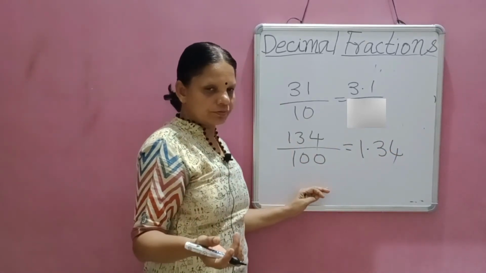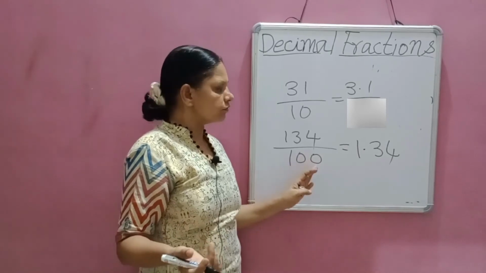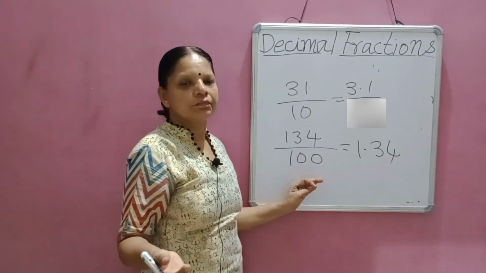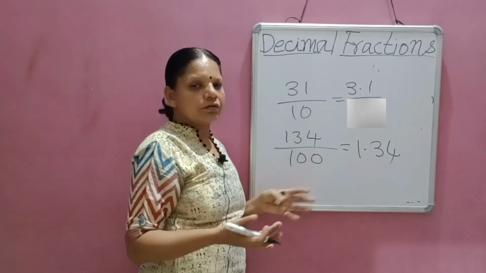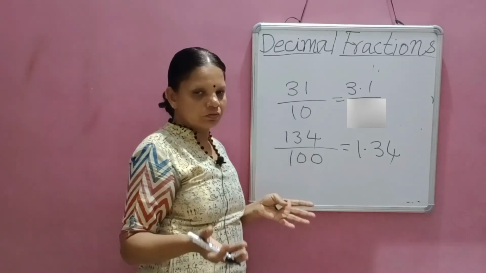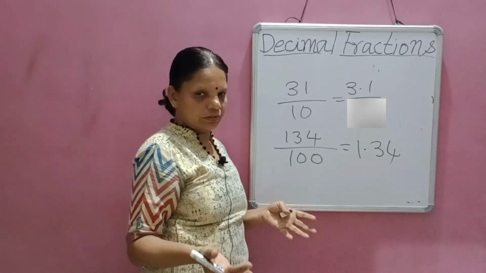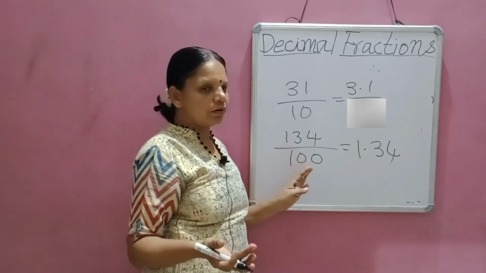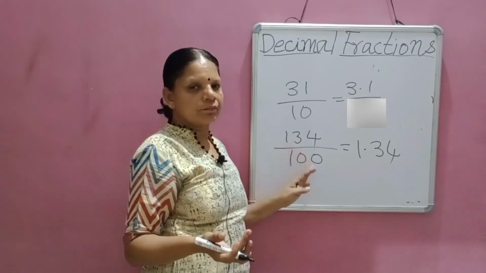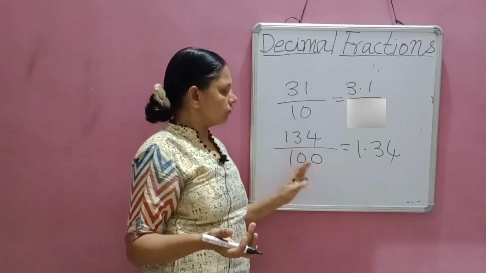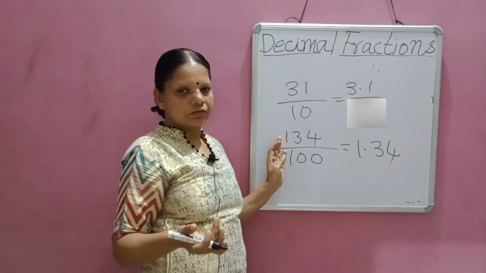What is the meaning of decimal numbers? It is also a fraction because it is not a whole number. Its value will be in between any two consecutive whole numbers or integers. Clear? This is also a type of fraction. A whole number, a complete number, is not the value of a fraction.